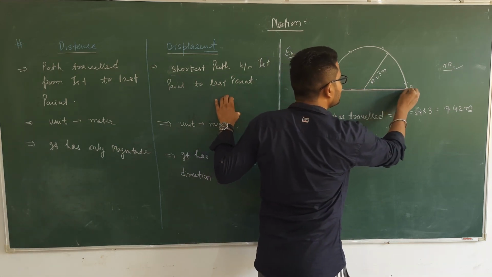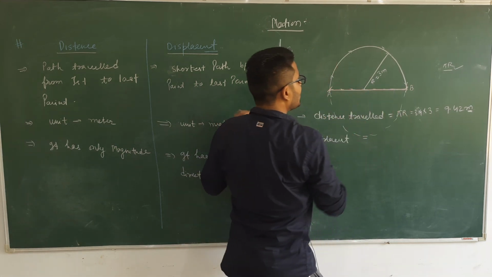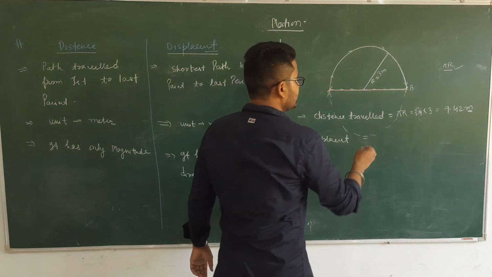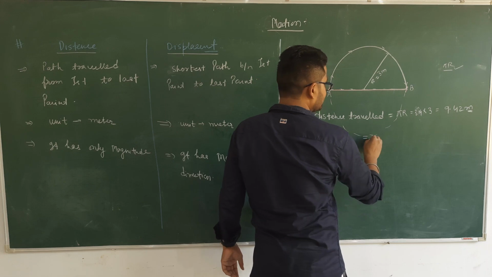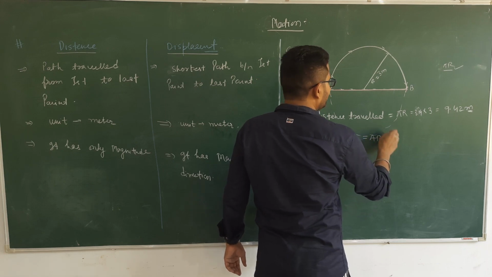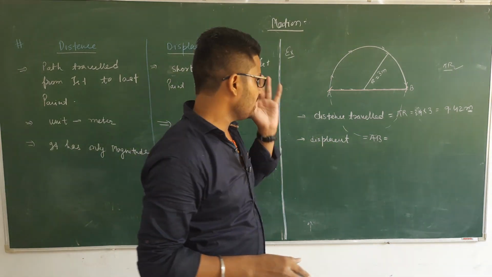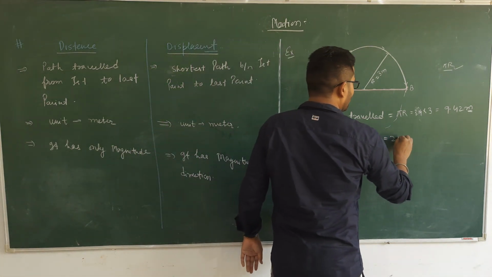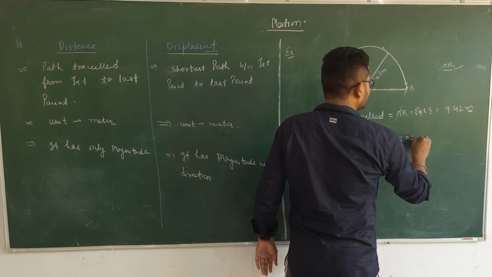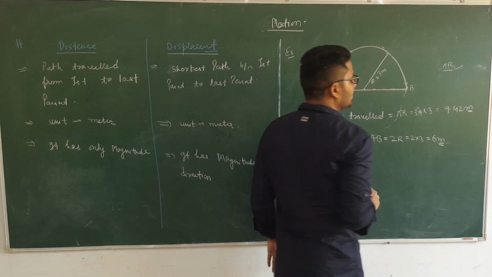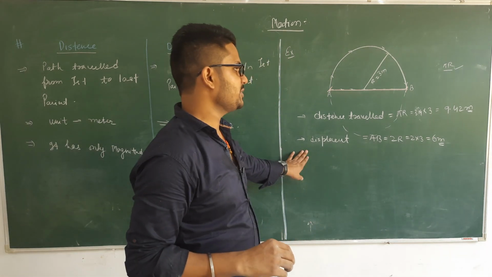This one is the shortest path between point A to B. So displacement is AB. What is AB? This is the diameter of this half circle. The diameter is 2r, so 2 into 3 meter, and this is 6 meter. This is 6 meter displacement.